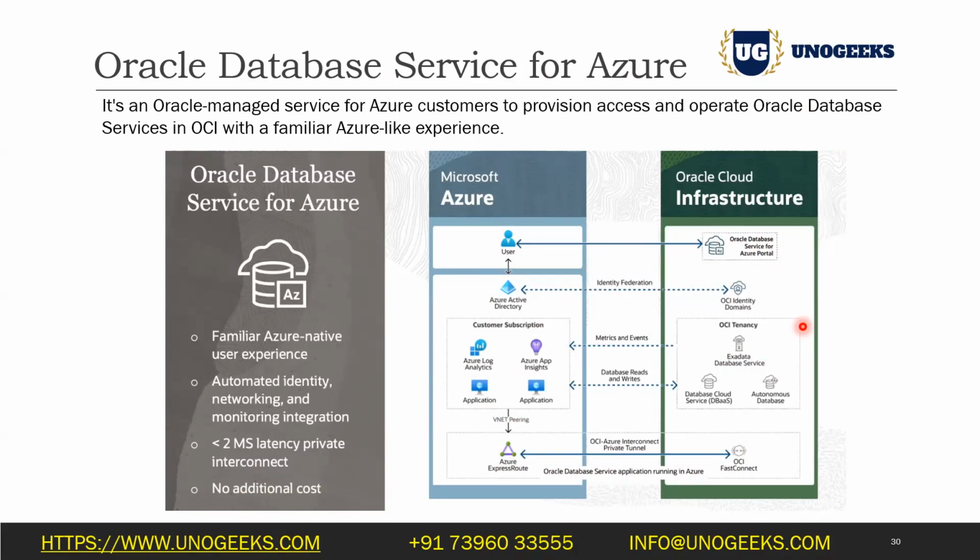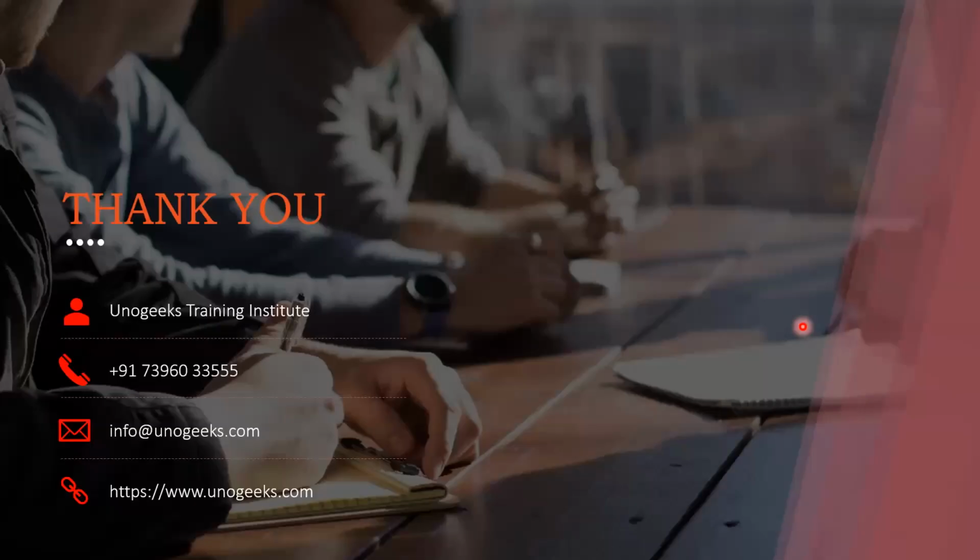Okay, so that's all about the various cloud offerings and the various cloud services which we have in OCI. We discussed the regions, the architecture of OCI, how OCI operates in the cloud, and what different core services are available as part of the cloud infrastructure.